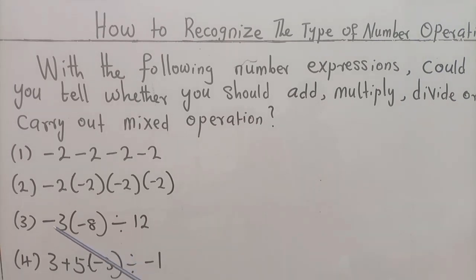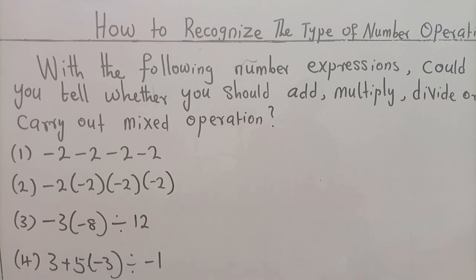What about this, please? Minus 3, bracket minus 8, divided by 12. What are we doing with 3, 8, 12? Are we just adding the numbers? Are we multiplying them?